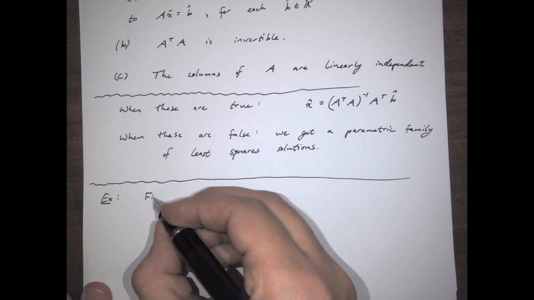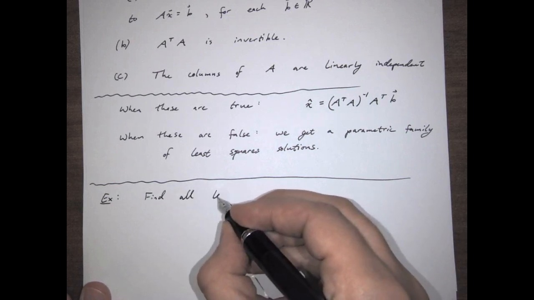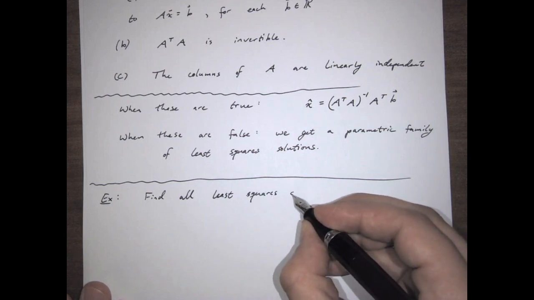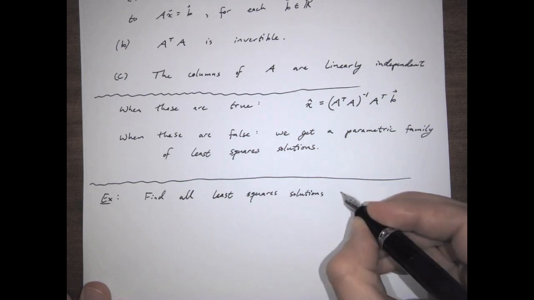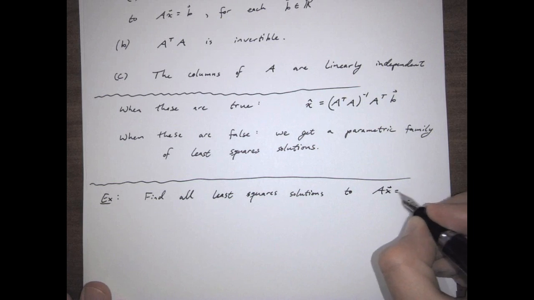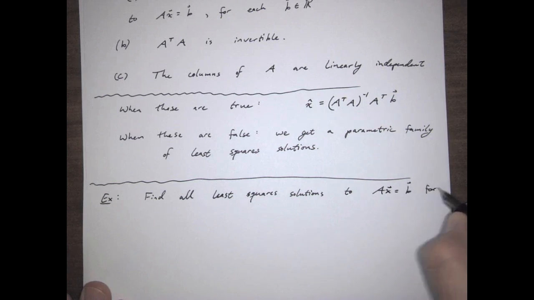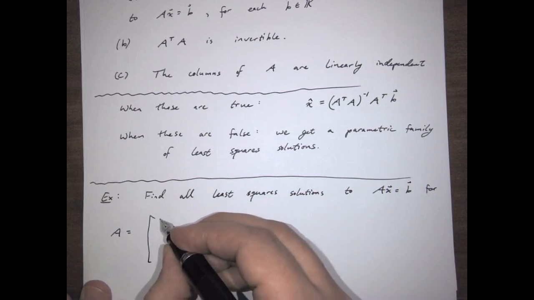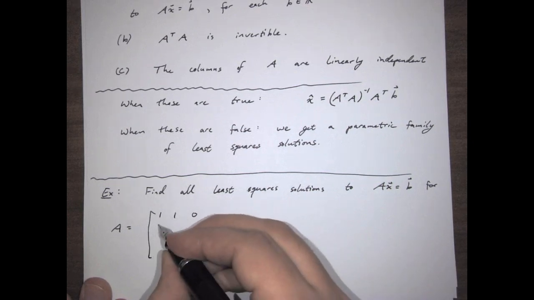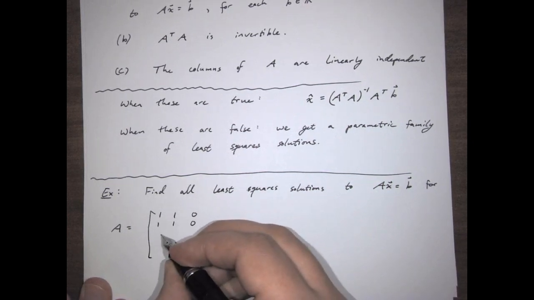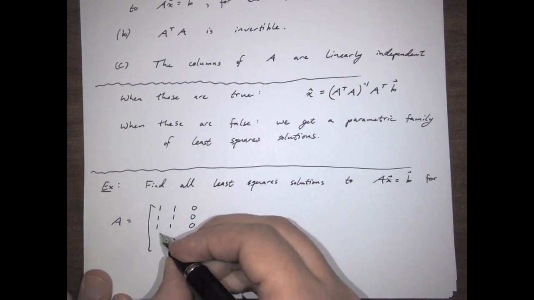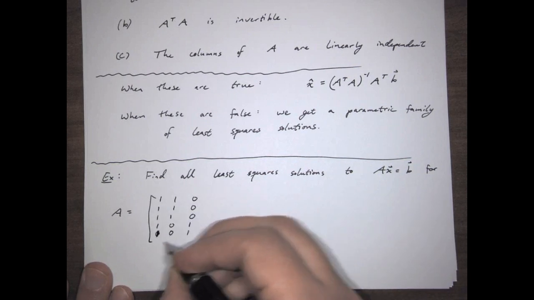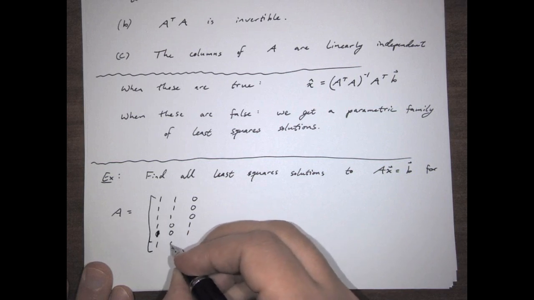Find all least squares solutions to Ax equals b for A, which is going to equal, reading across the rows, 1, 1, 0, 1, 1, 0, 1, 1, 0, and then the next three rows are going to be 1, 0, 1, 1, 0, 1, and 1, 0, 1.